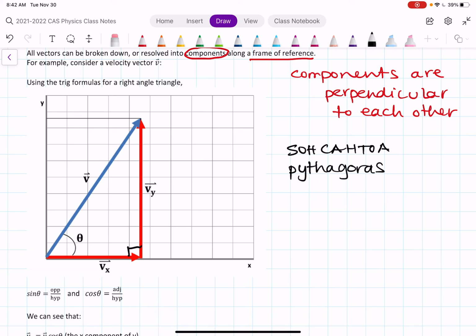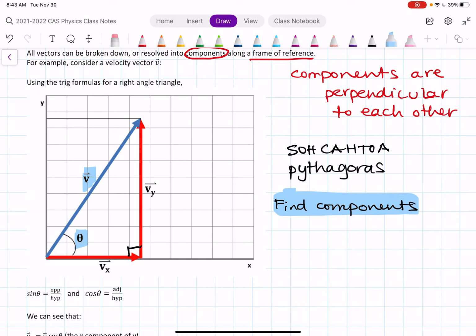And so what we're interested in here is, let's say you know V, the final vector, and you know the angle. The first thing we'll do is find the components. I'll put this in blue so that you know it's the same idea.